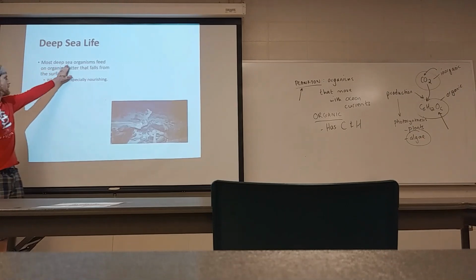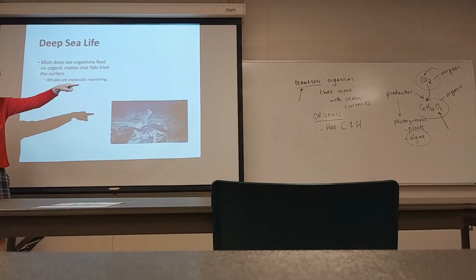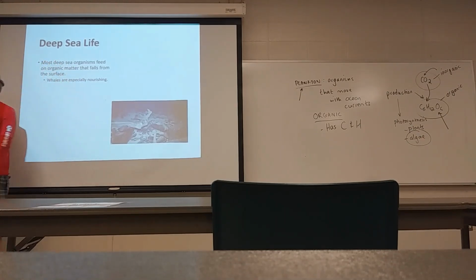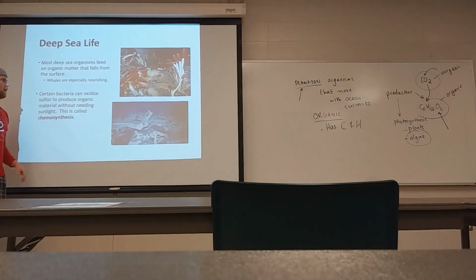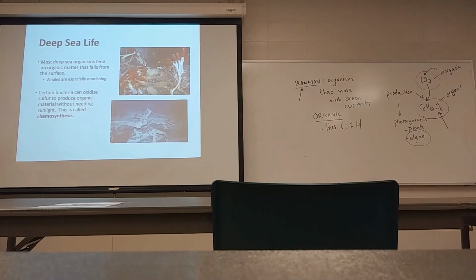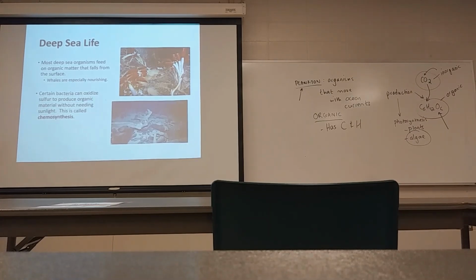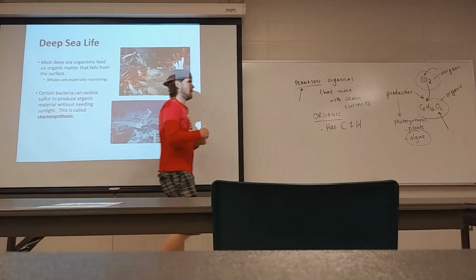So most deep sea life eats organic stuff that floats down. But not all deep sea life does this. Certain bacteria are capable of oxidizing sulfur. We're not going to talk about the chemical complexities of that at all, but they can oxidize sulfur to make organic material without needing sunlight.